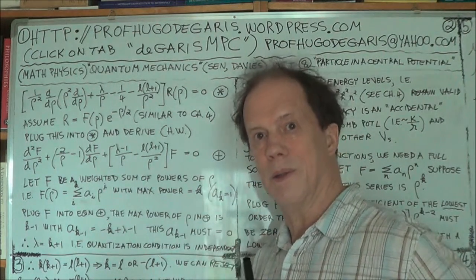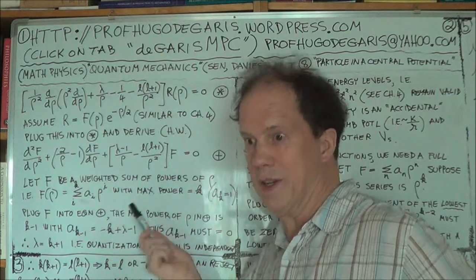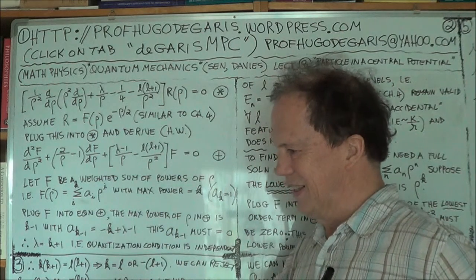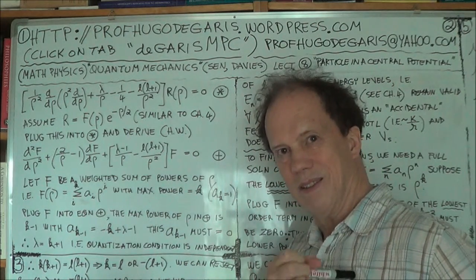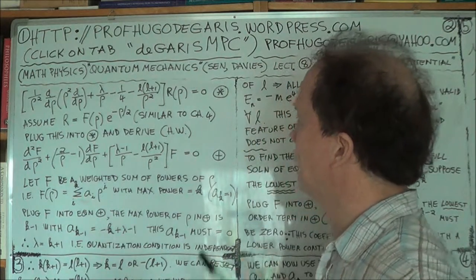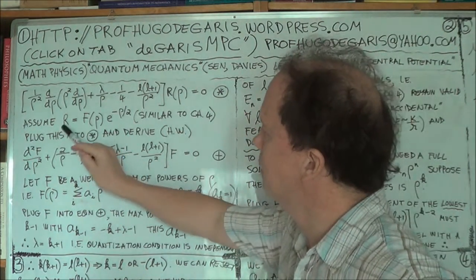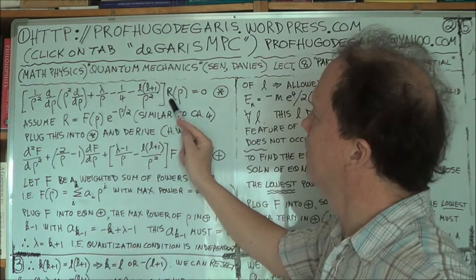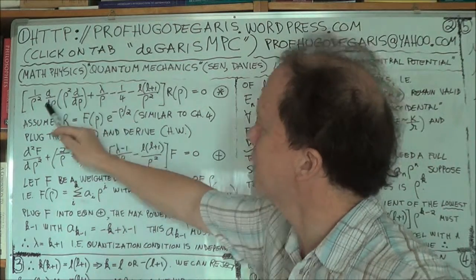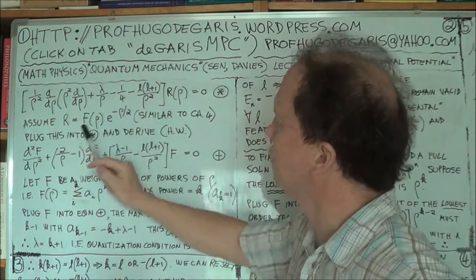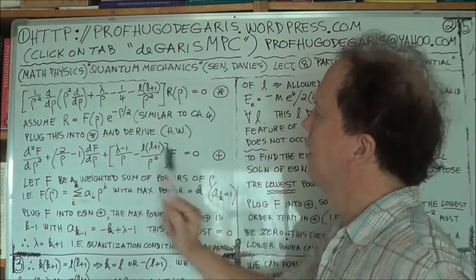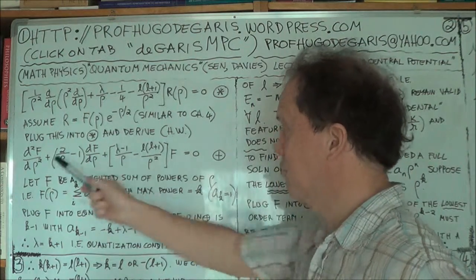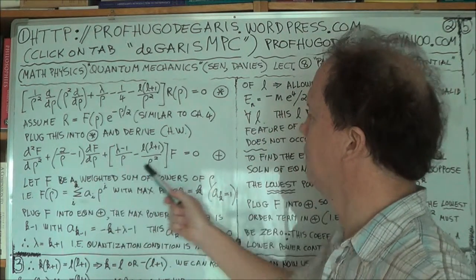It's a theoretical, observational science, right? It's quite amazing what theoretical physics can do, what it can predict. Okay, so assume R does take this form, plug this value into here, apply all these operators, differentiate all this stuff according to this left-hand side, and I've asked you to do this as homework, and derive the following formula.